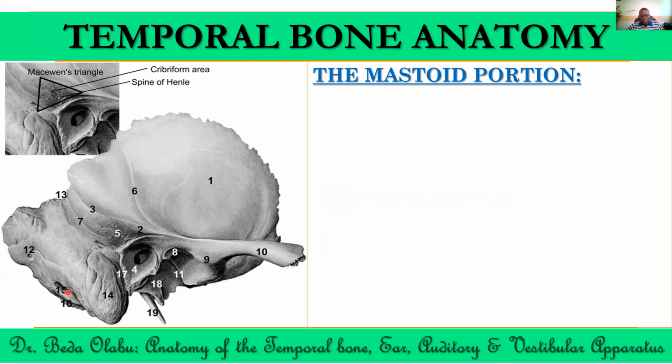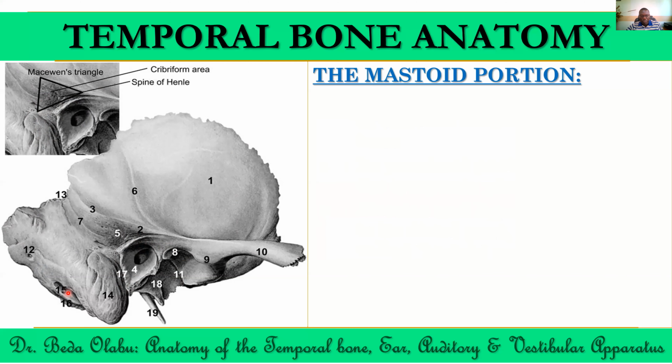Usually the vestibule contains some components of the membranous labyrinth. In particular, the large ones, we have what we call the saccule, and we have what we call the utricle. And we'll talk more about those in the next lecture.